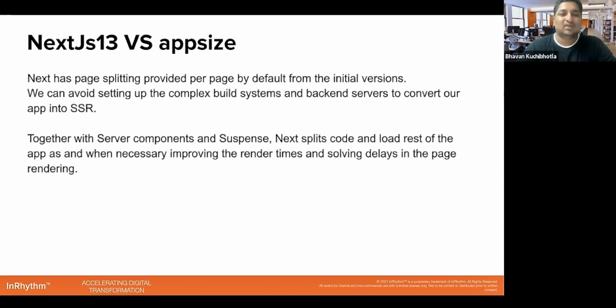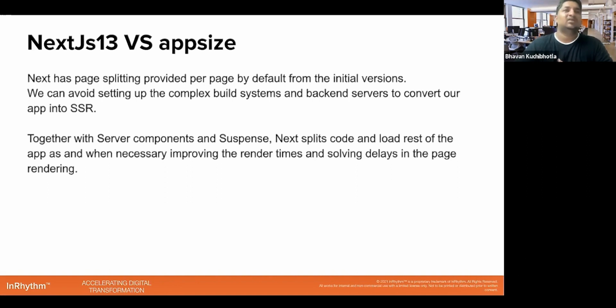So let's talk about app size first. Next.js by default provides you code splitting by pages. And it's been the USP of Next.js from the start, since it launched a couple of years ago. Since the initial versions, it has code splitting by default, and it uses something called a page router.